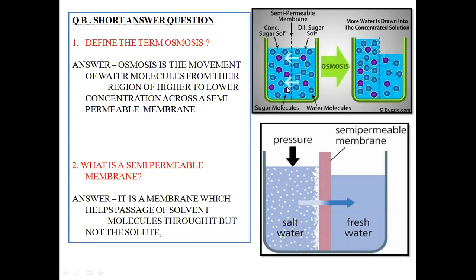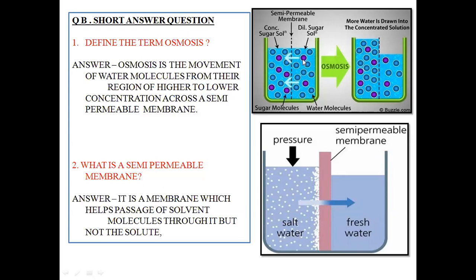Any kind of membrane can be taken, like cellophane membrane or goat's bladder, since it is performed in the laboratory. After a few hours, we will see that the level of solution on the dilute sugar solution side will decrease, whereas on the concentrated sugar solution side it will increase.